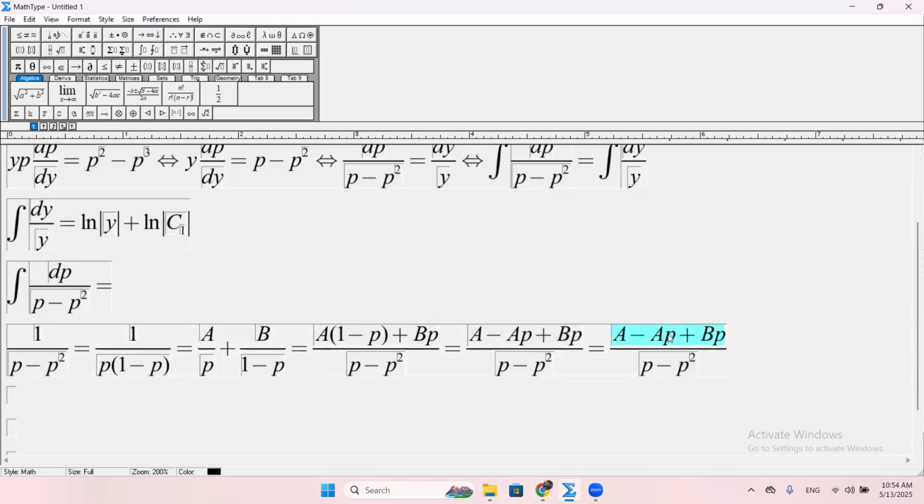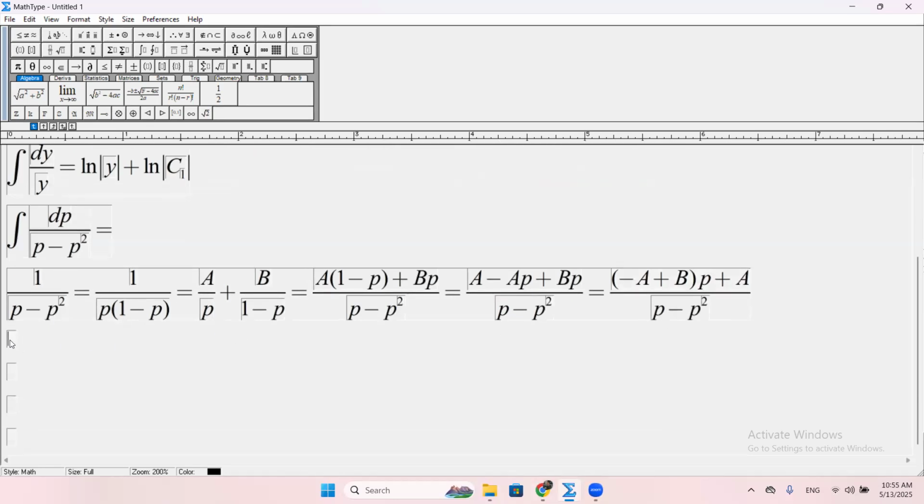So minus a plus b times p plus a. So what do we have here? That minus a plus b equals 0, because we have no power of 1 for p, and for power of 0, a equals 1.